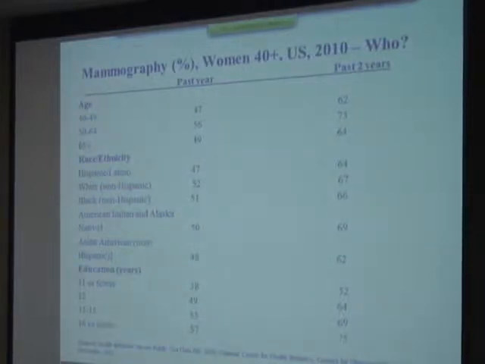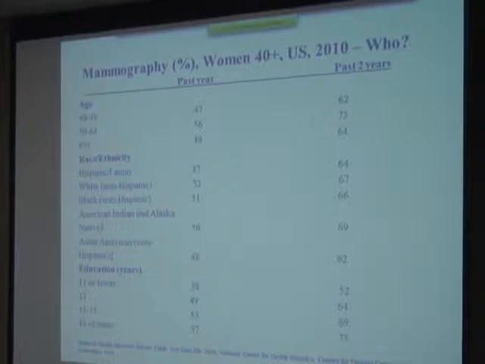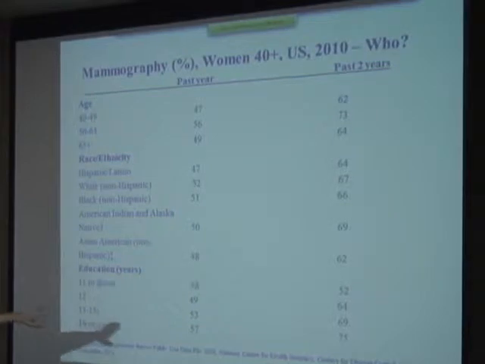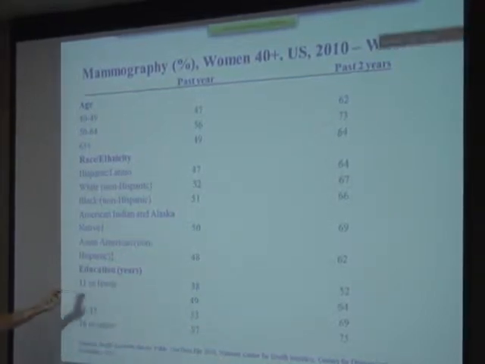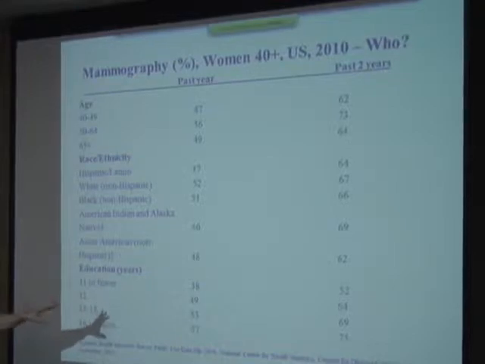Also looking at, for the United States overall, women 40 plus, annual mammogram, okay? This gives you a lot of information around age, race, education that's important. And looking at the past year, 40 plus the past year, you'd want to find the worst percentage report of getting a mammogram, and that would probably be 38, right?